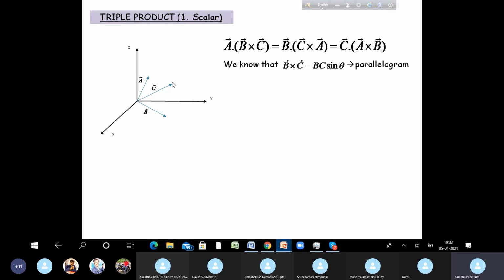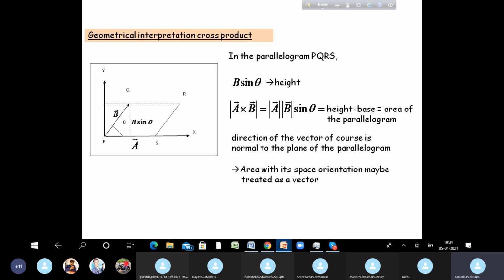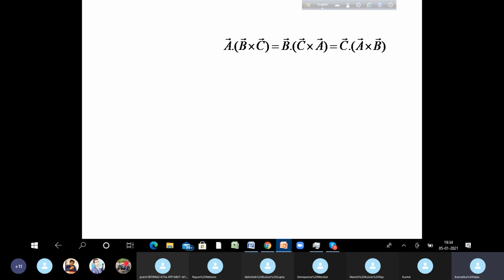And BC sine theta is nothing but a parallelogram area. As we had seen, if I take you back to this slide, the cross product of any two vectors is the parallelogram, correct?